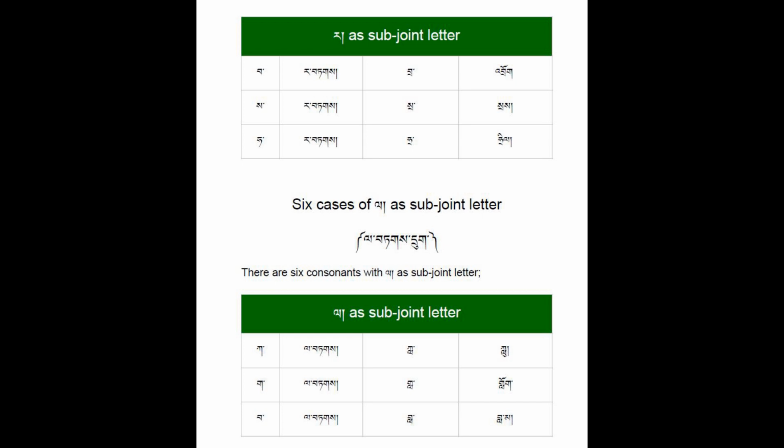Now the 6 cases where we have la as the subjoined letter. The 6 consonants where we have la as the subjoined letter is ka, kalata, kalatalla shanchulu, which refers to the nagas, in Sanskrit we say naga, one of the more higher rebirth in the animal realm, the nagas, lu.